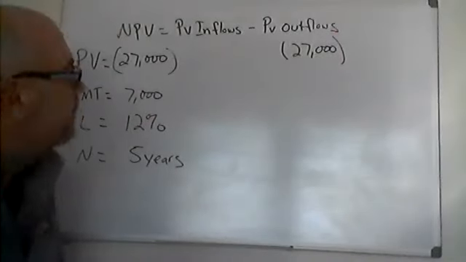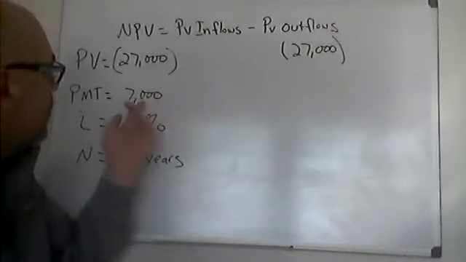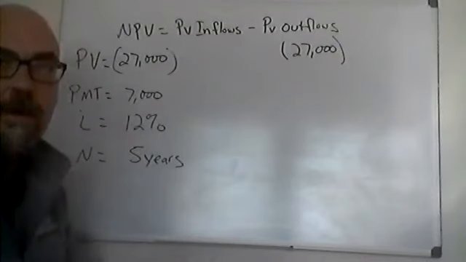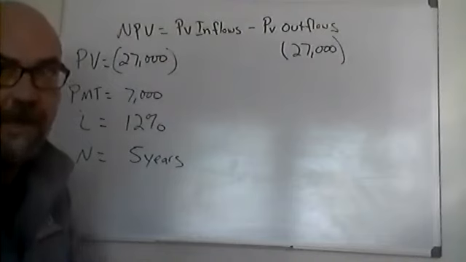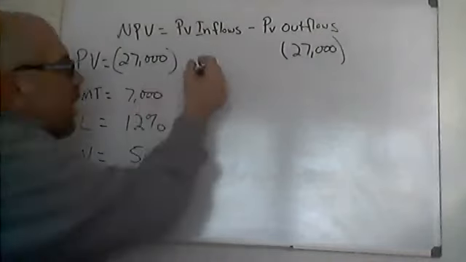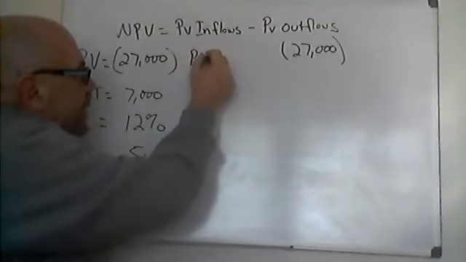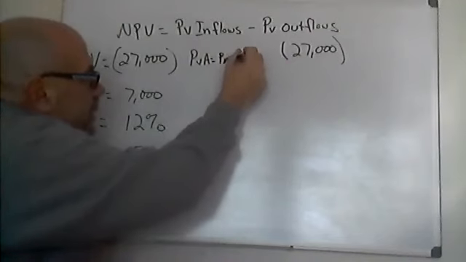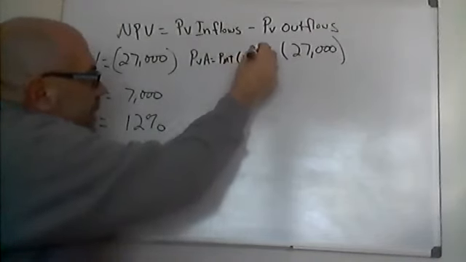Our inflows, we looked at. We have one inflow. Does it happen one time? No, it happens continuously year after year after year, so it's an annuity. So our present value of an annuity equals our payment times the factor.